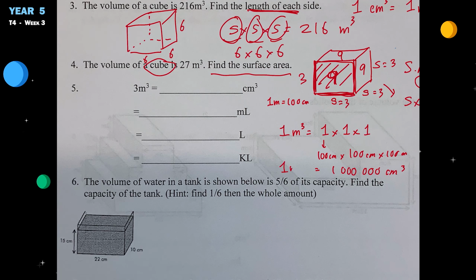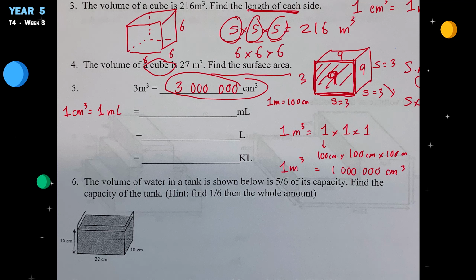So 1 meter cubed is equal to 1 million centimeters cubed. So 3 meters cubed must equal 3 million centimeters cubed. And remember that 1 centimeter cubed is equal to 1 milliliter. So whatever you got for centimeters cubed, it will be exactly the same for milliliters. So this will also be 3 million.